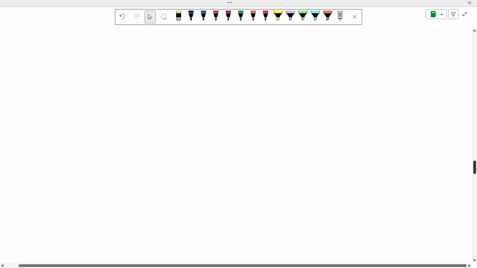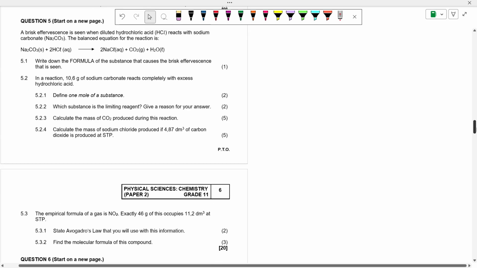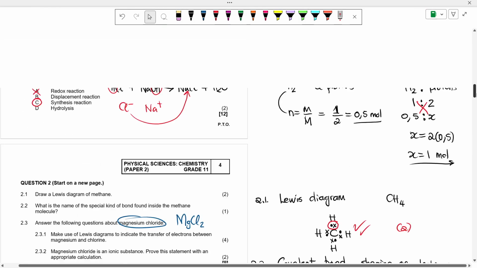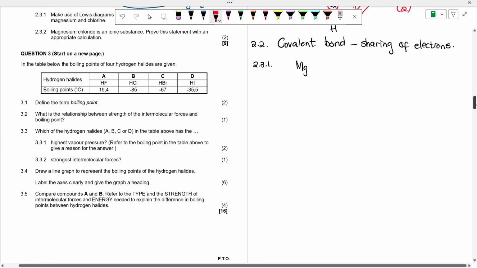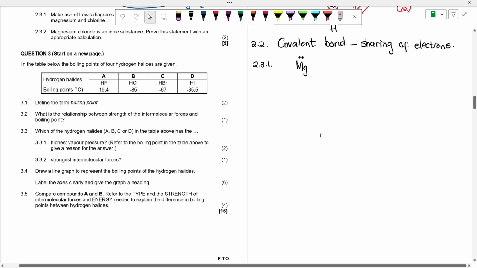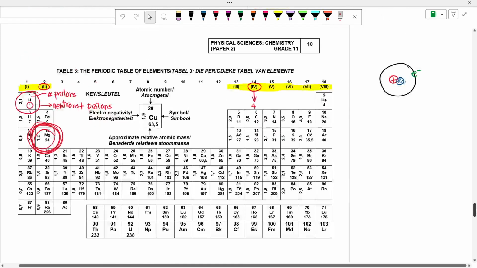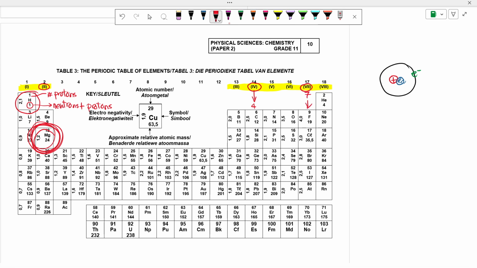Let's just quickly do that. Mg, then chlorine. If you check on the periodic table, chlorine is under the Roman numeral 7, so it's going to have 7 valence electrons.